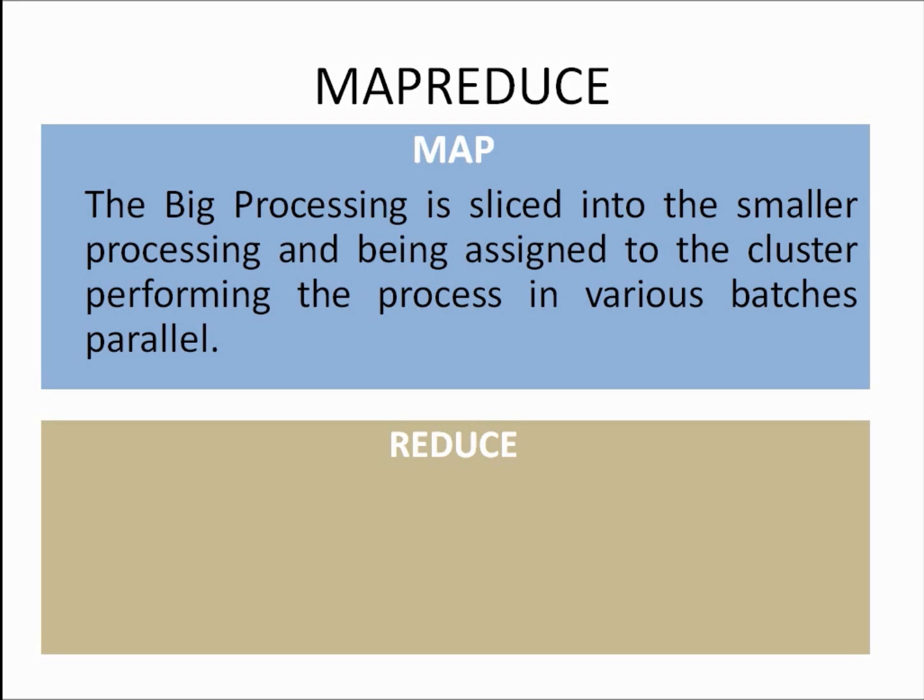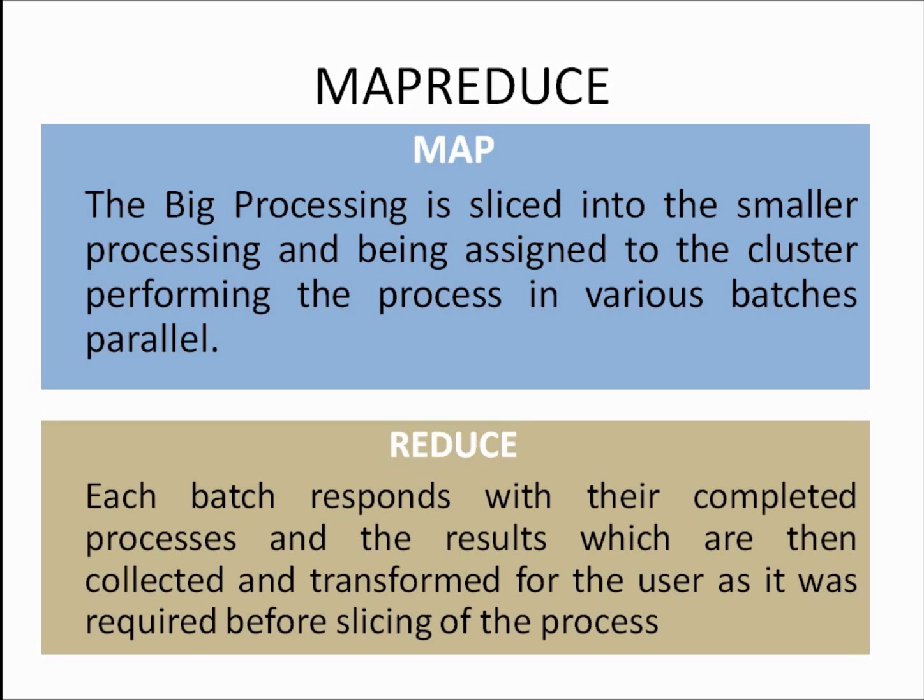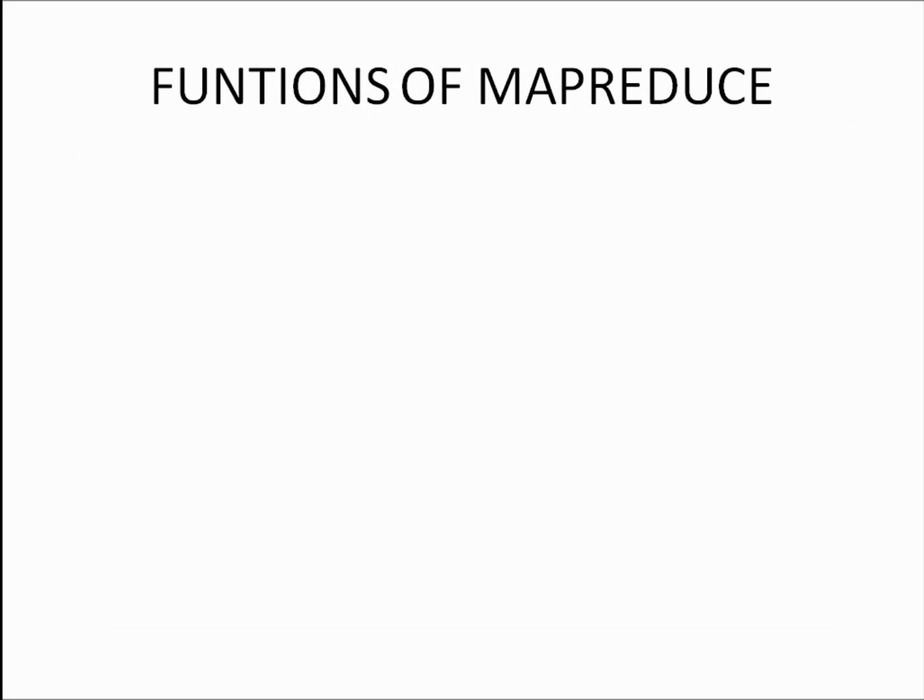After processing, the result is collected together, grouped together, and sent to the reducer. Reducer compresses it and sends only the compressed, meaningful, summarized data to the output file. This is the function of MapReduce.